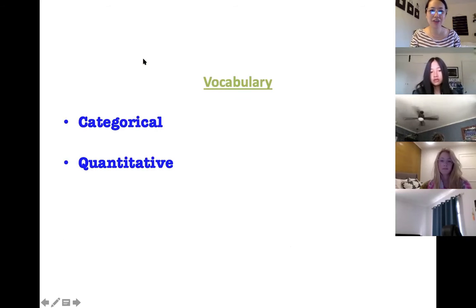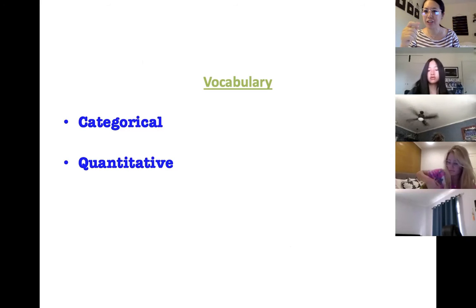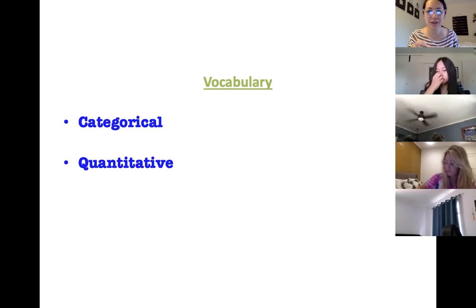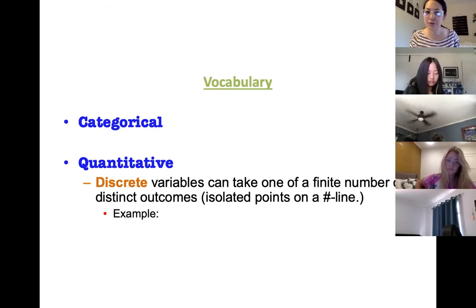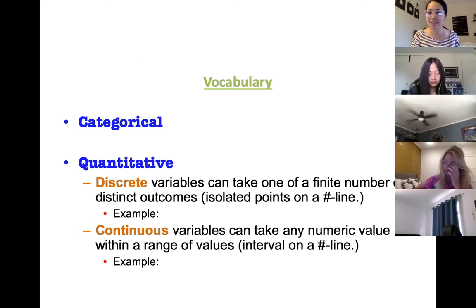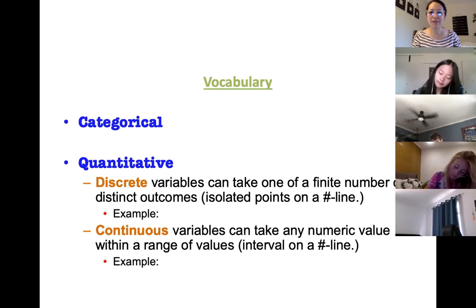Under categorical and quantitative, there's actually a differentiation within the numerical, which is discrete numerical versus continuous numerical. Categorical is just categorical, but under numerical or quantitative, you can differentiate between discrete versus continuous. Discrete variables can take one of a finite number of distinct outcomes.